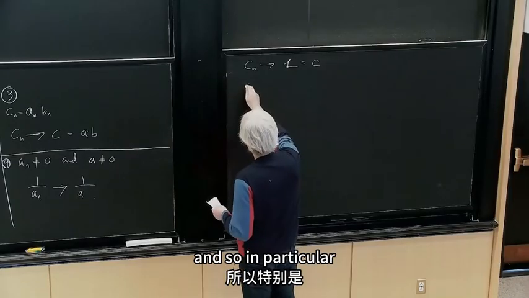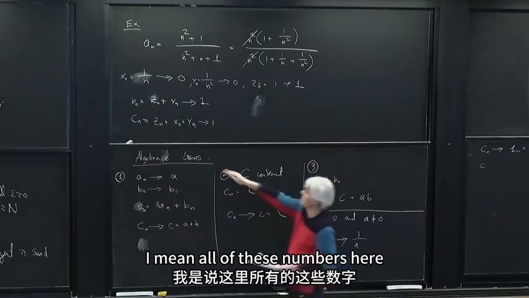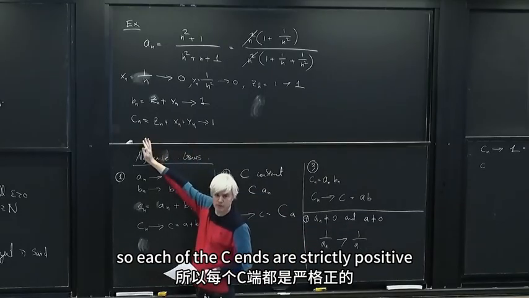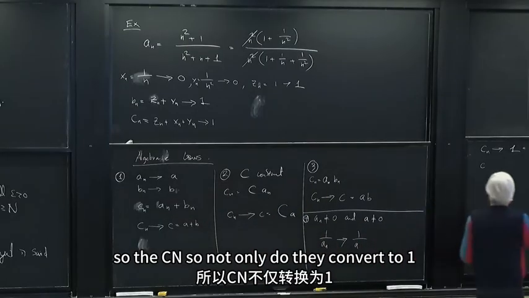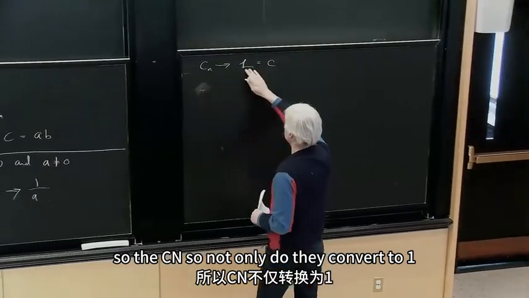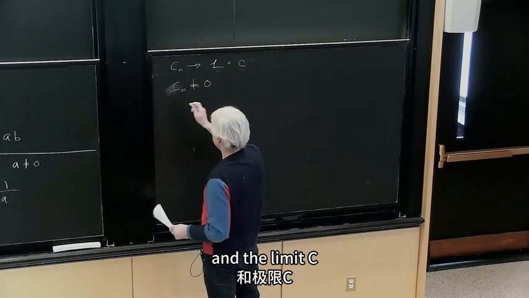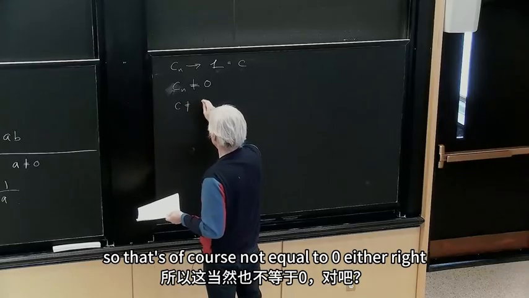In particular, all of these terms are strictly positive, so each of the Cn's is strictly positive, so they're definitely not 0. So not only do they converge to 1, but the Cn's are not equal to 0, and the limit C, which is 1, is of course not equal to 0 either.